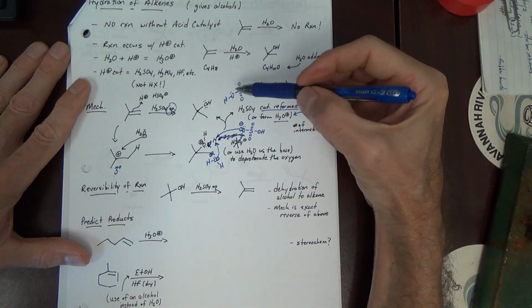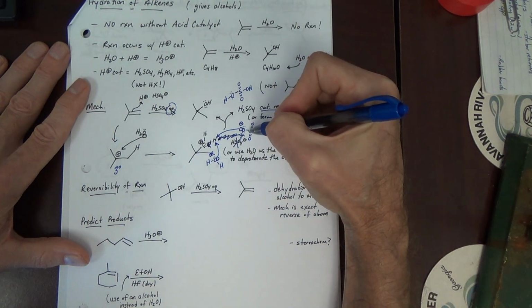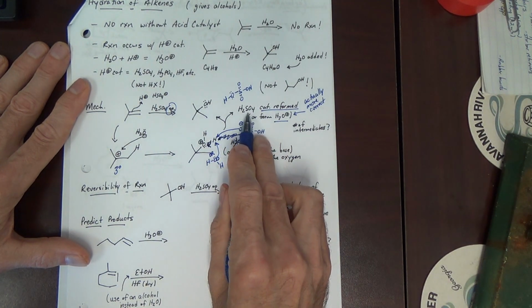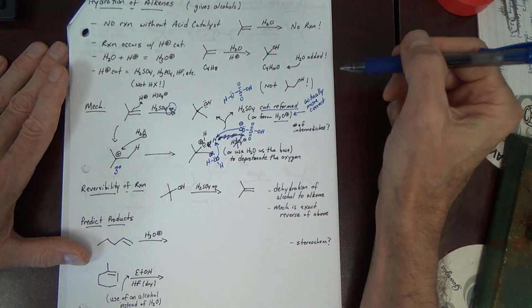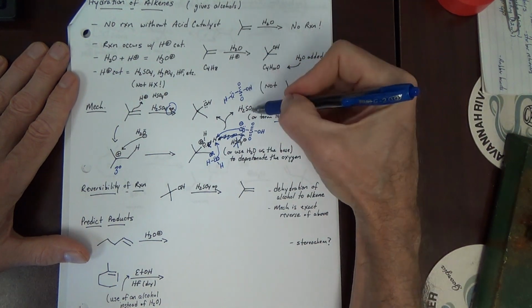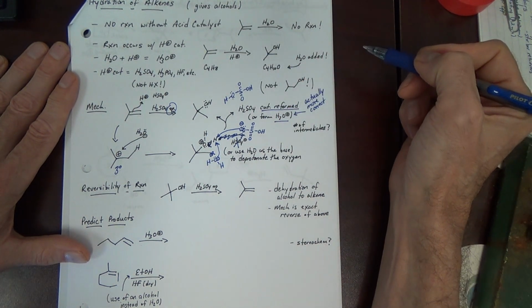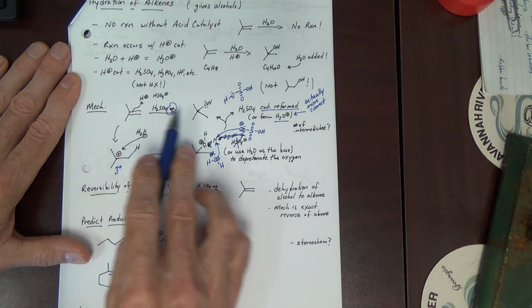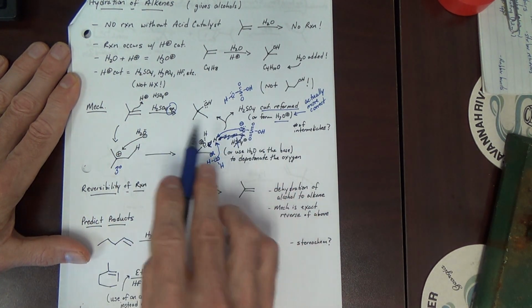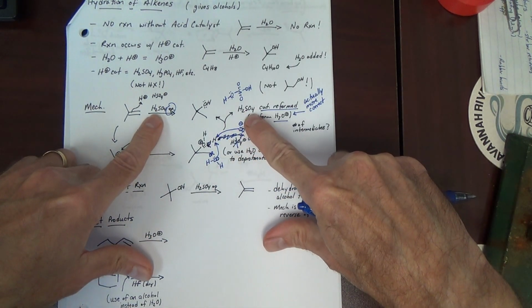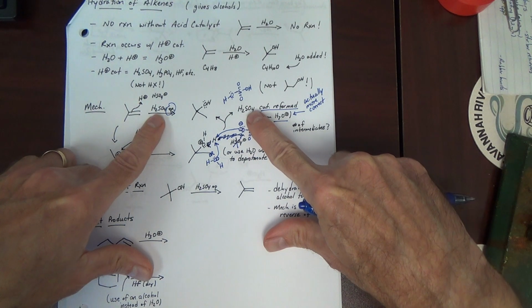I, though, actually like to use the conjugate base of the acid, so I reform the actual catalyst. Because I like to reinforce to you that, look how we reformed the catalyst. It was used, but it was reformed. Yes, in both instances, this is really H3O+ and bisulfate anion.